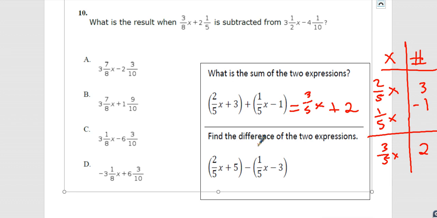Find the difference of the two expressions. Okay, so now, remember, this just requires a little bit of setup work. I think of this as adding a -1 here. So if I do that again, now I'm going to distribute the -1. That's going to give me 2/5 x plus 5 plus, well, I'll do it underneath.